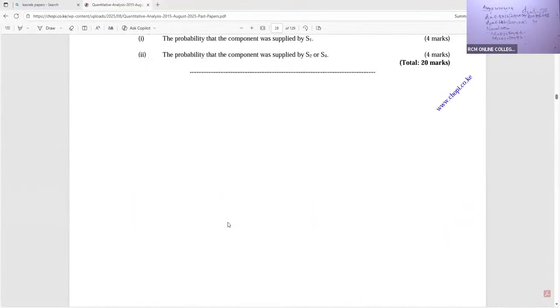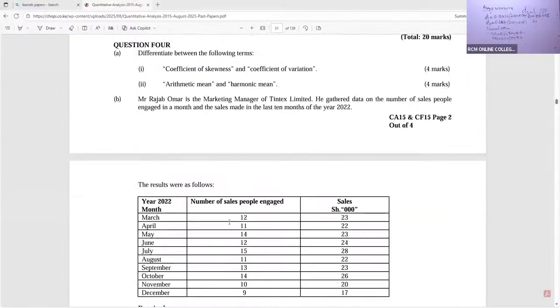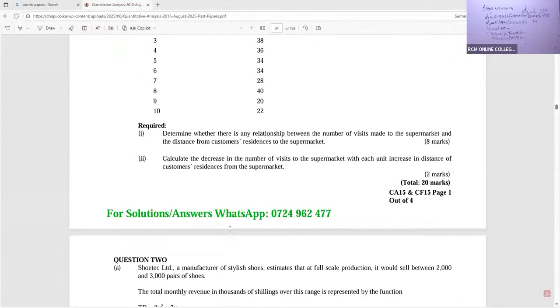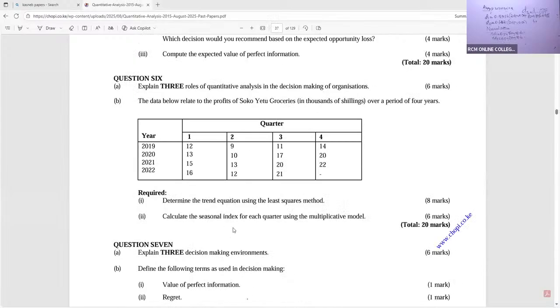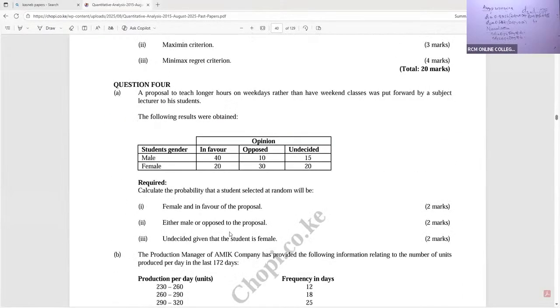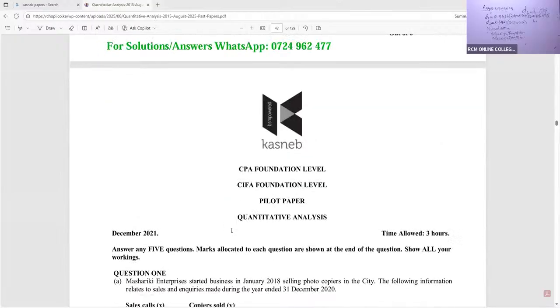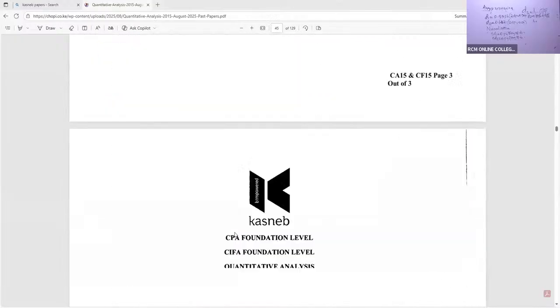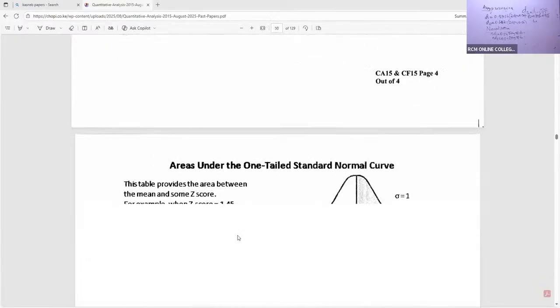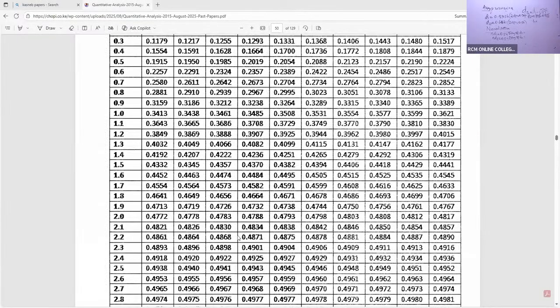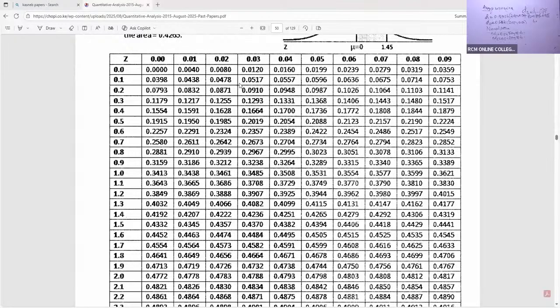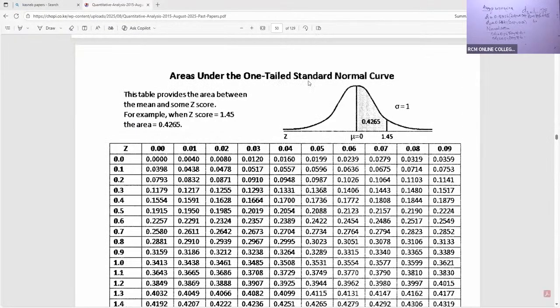If you have a calculator and you know how to use it, that is the very best, but it means buying another type of calculator, which will currently cost you about 3,000 shillings. Here is the normal table: one tail, standard normal curve.